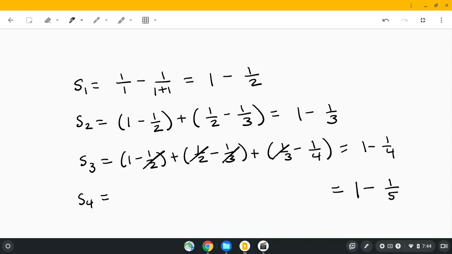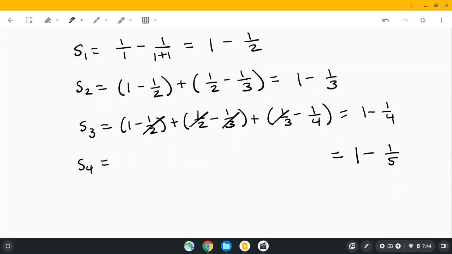Okay. And so you just noticed what the formula to find the sum is. It's going to be 1 minus 1/. And how does this relate to these numbers over here? We notice that this number in the denominator is always 1 more than this, right?